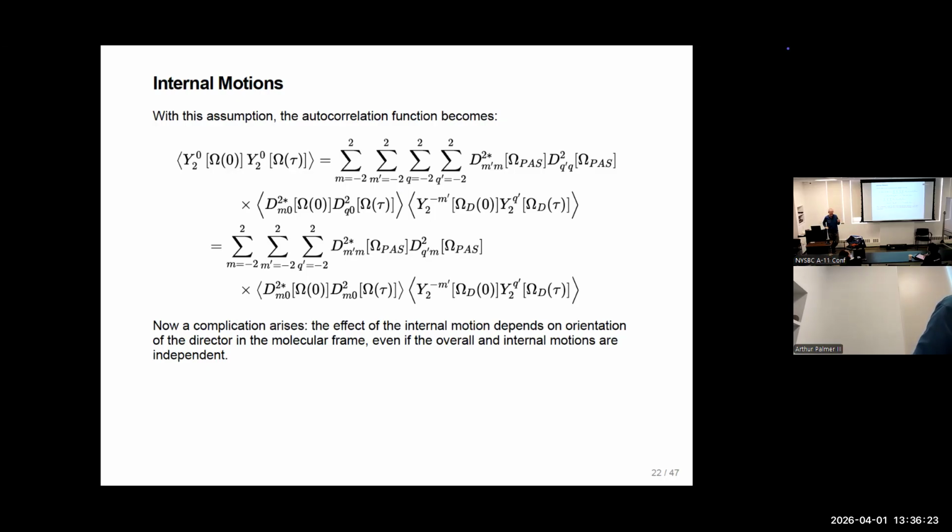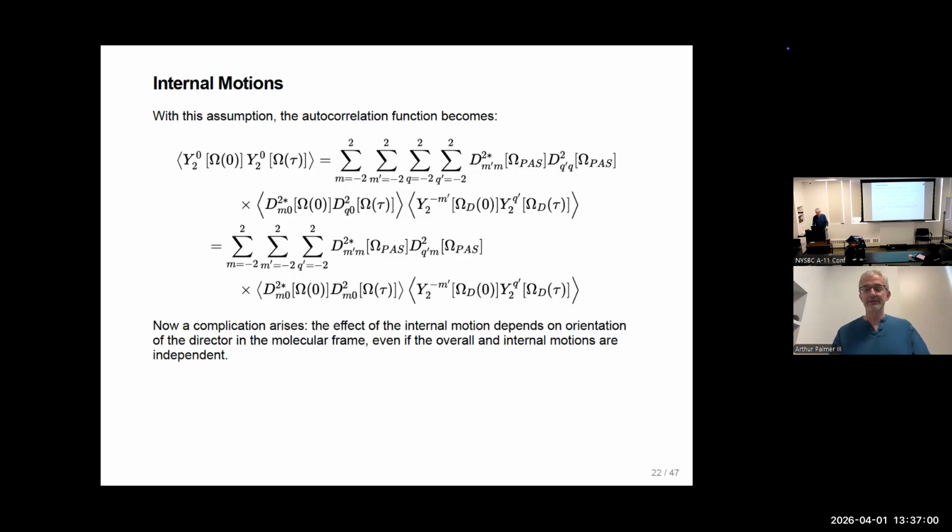And again, you can see that if you just think about the American football, if you have an NH vector along the symmetry axis of the football, and that vector is wobbling around, it's easy to see that that might have a different effect than if the symmetry axis is in the equator and now the vector is wobbling around. So there's still a coupling between the asymmetry of the molecule and the internal motions, even if they're independent from overall tumbling.